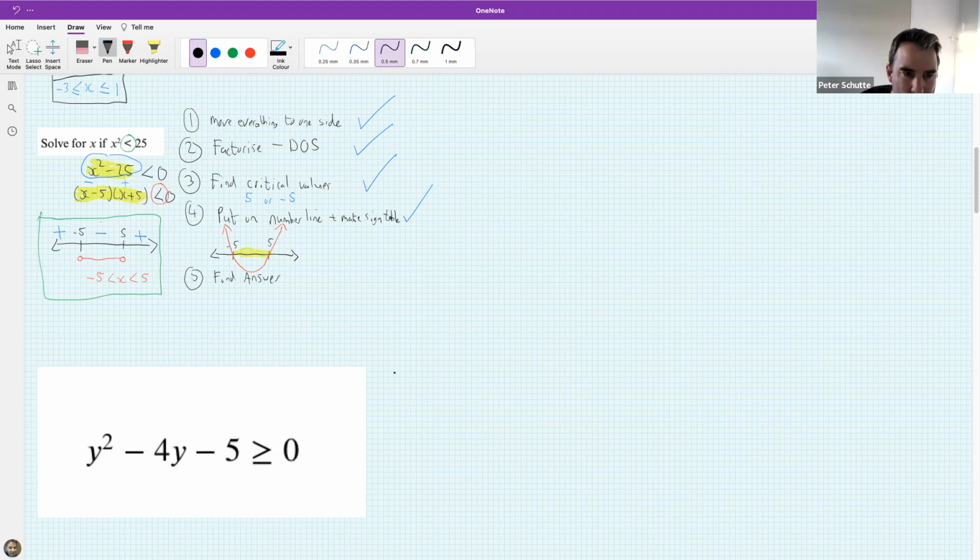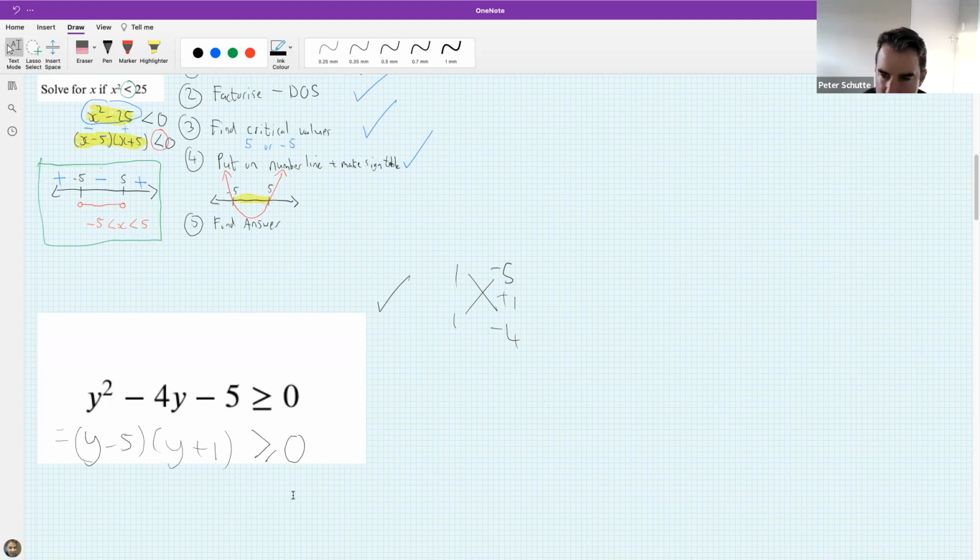Okay, so I think step 1 is fine, but we need to factorize this. It feels like if I was factorizing it, that's what I would be getting.